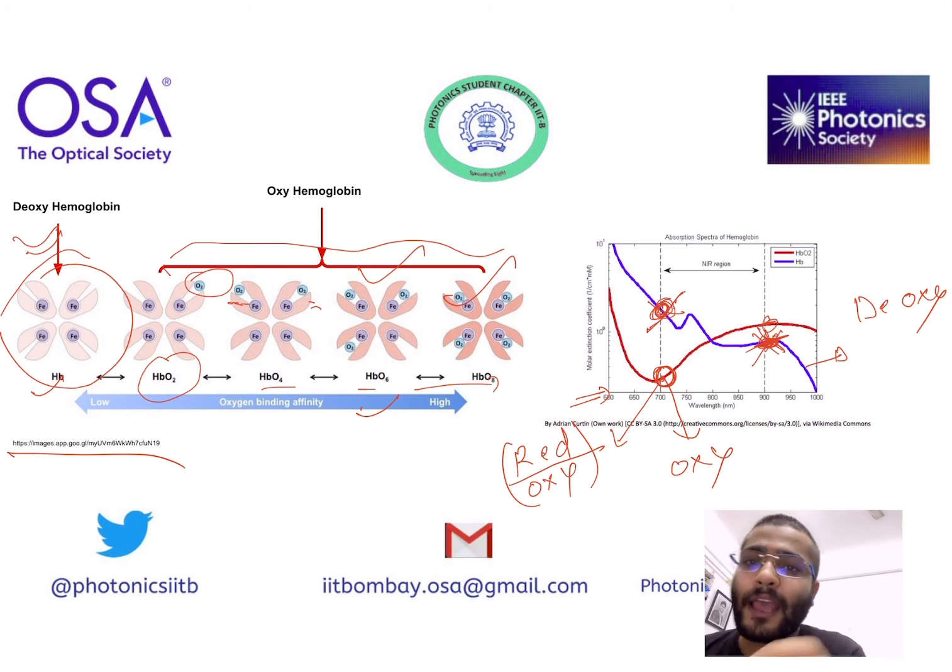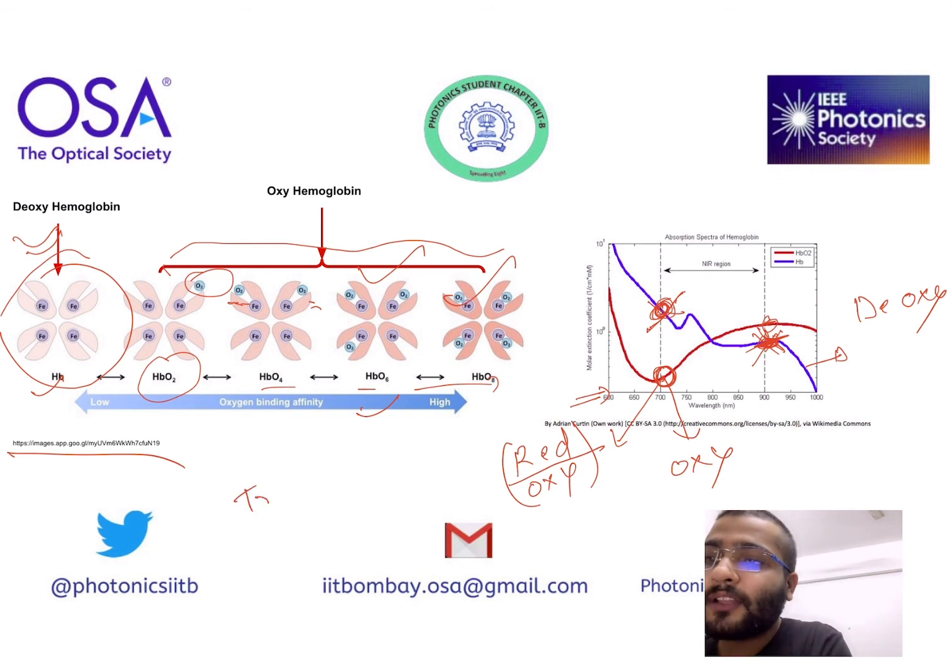Then what happens when we put our finger here? Infrared light and red light blink from the bottom, pass through our hemoglobin, and then the device calculates the transmittance of red light relative to the transmittance of infrared light.